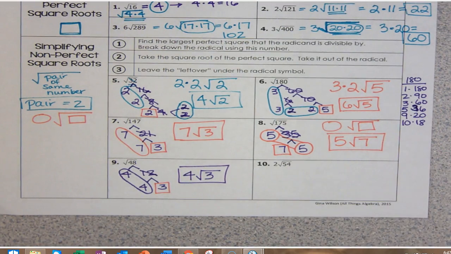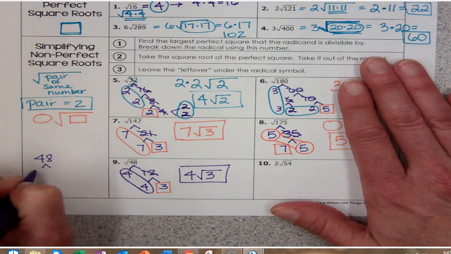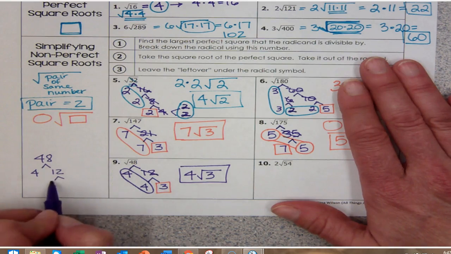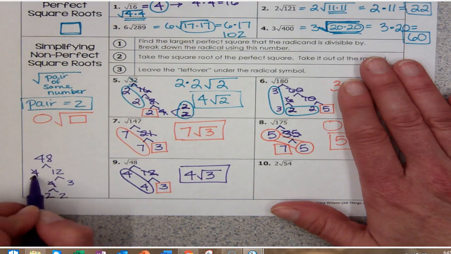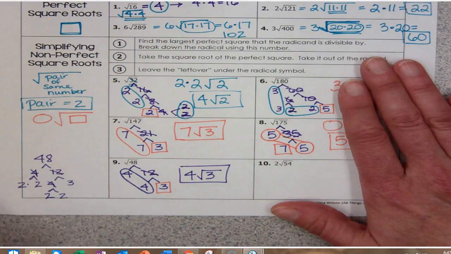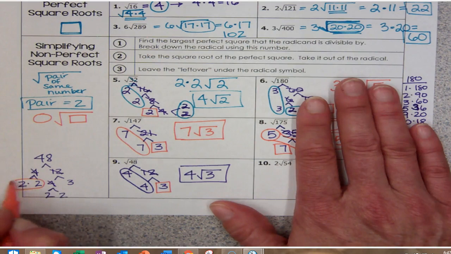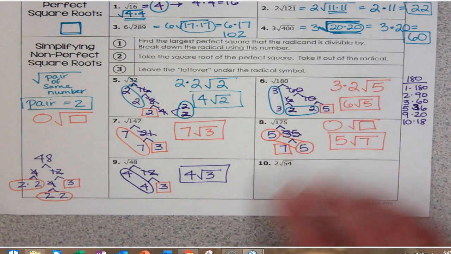Now, what if I didn't know to do that? What if I had 48 and I said, okay, 4 and 12, and then I said 4 and 3. 4 can be broken down into 2 and 2, and 2 and 2. So I'm still now left with a pair of 2's and a pair of 2's and box my 3, right?